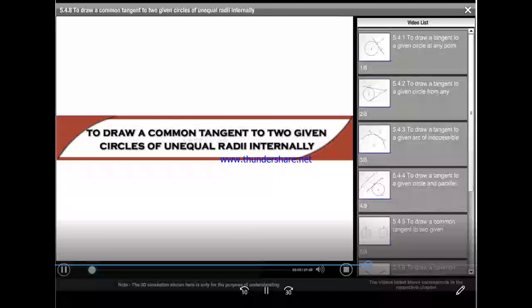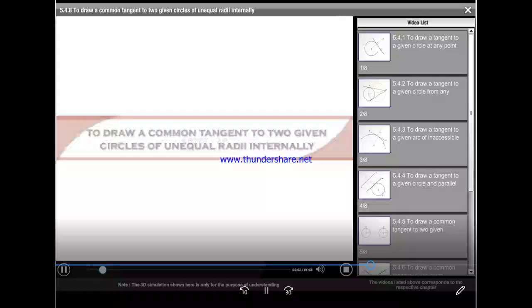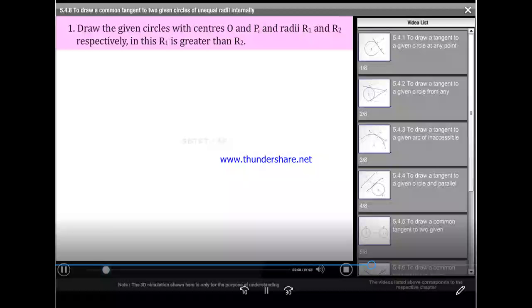To draw a common tangent to two given circles of unequal radii internally, draw the given circles with centers O and P and radii R1 and R2 respectively. In this, R1 is greater than R2.